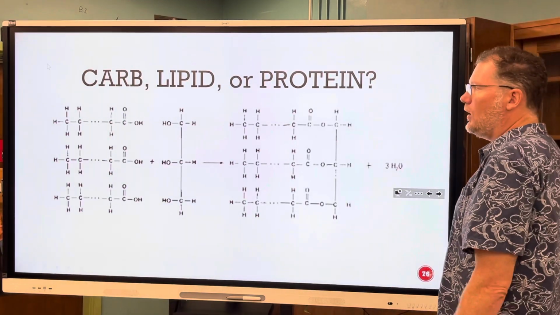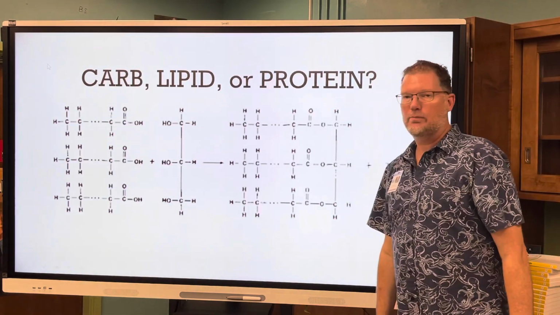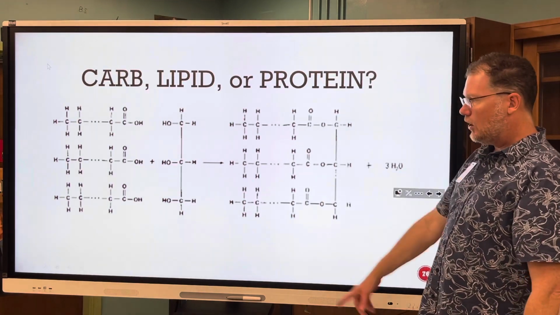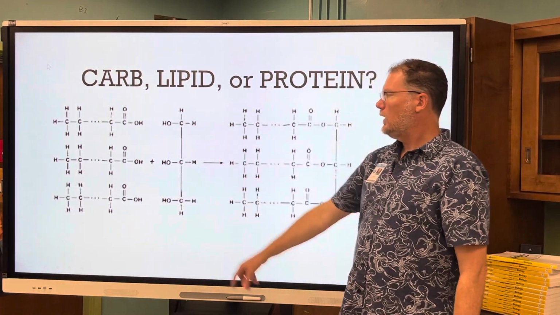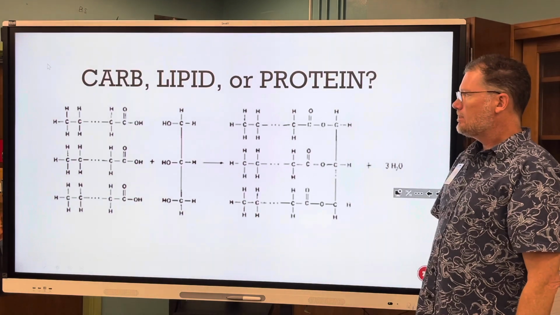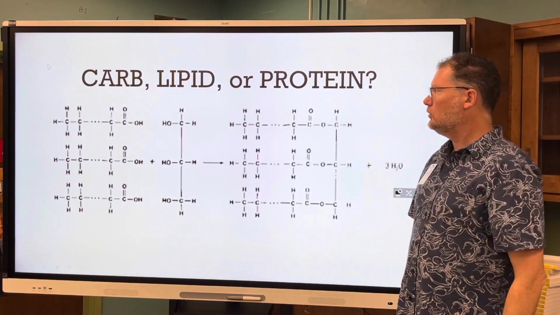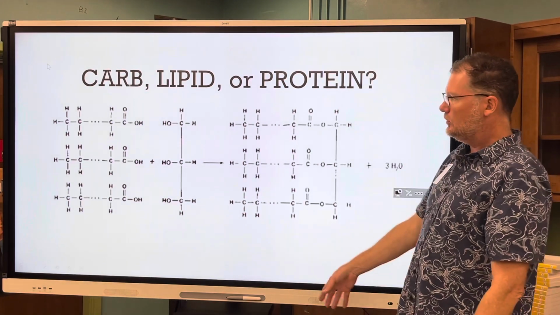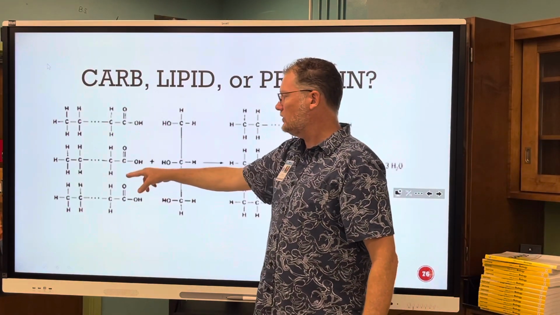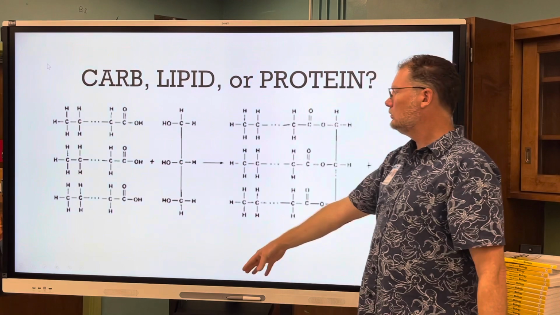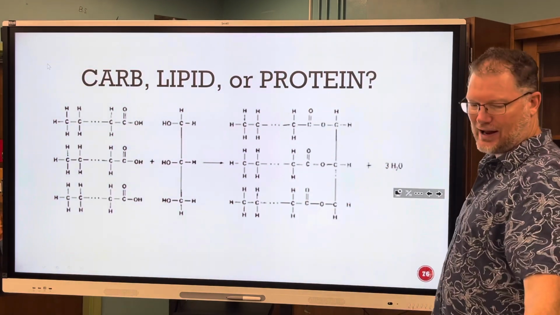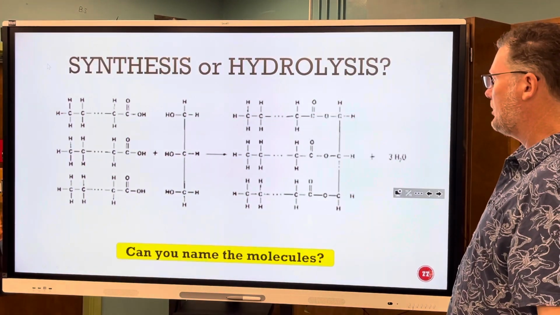Is this a carbohydrate, a lipid, or a protein? Do you see any R groups? No. Is it hexagonal, like glucose? No, so it must be a lipid, because these are your fatty acids and your glycerol, and this is called a triglyceride, okay?